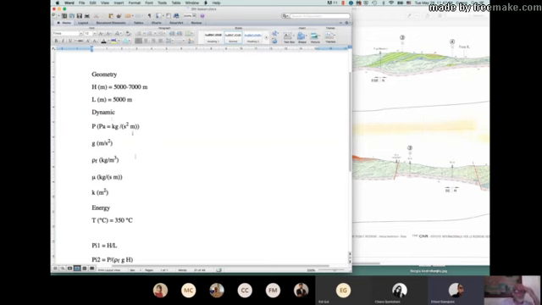So in defining my dynamic parameters, I have forcing forces, the pressure, the gravity, but then I have some characteristics of the fluid that I need to deal with, the density and the viscosity of the fluid, which are important.